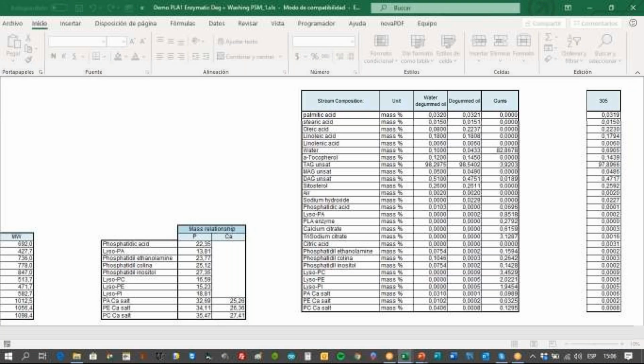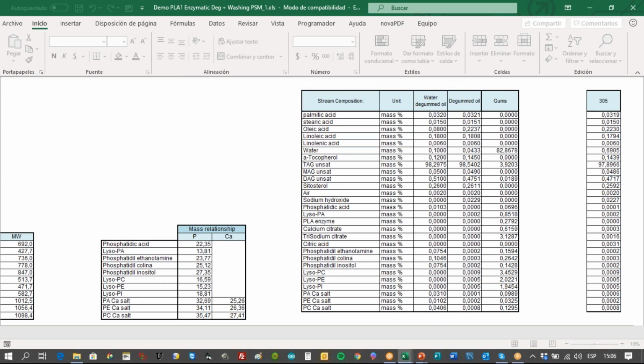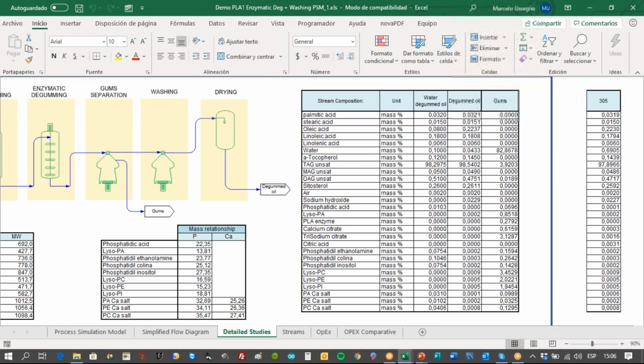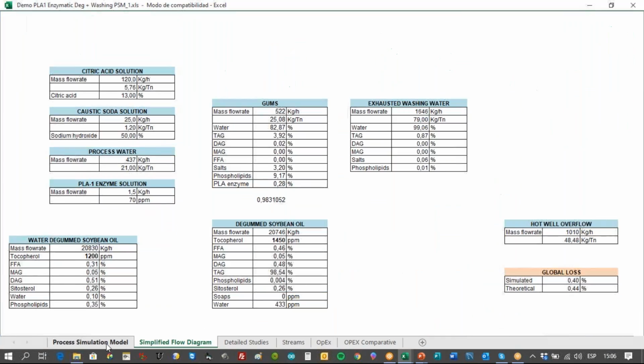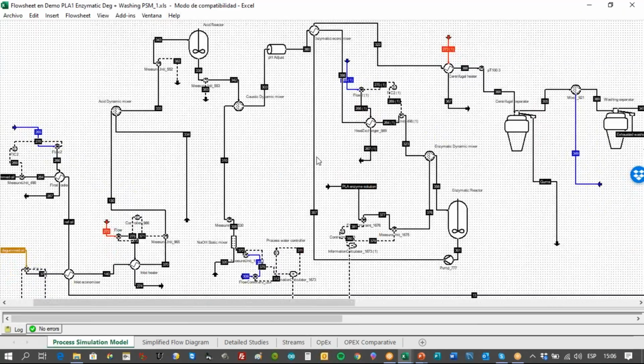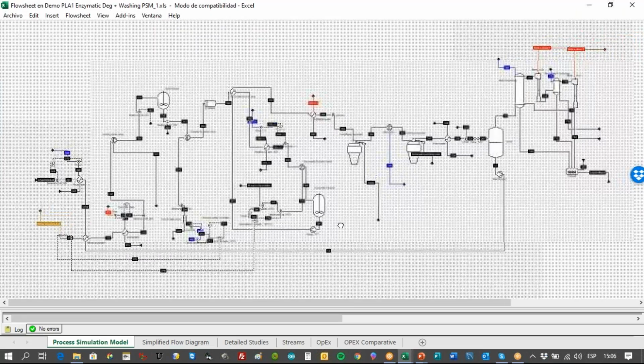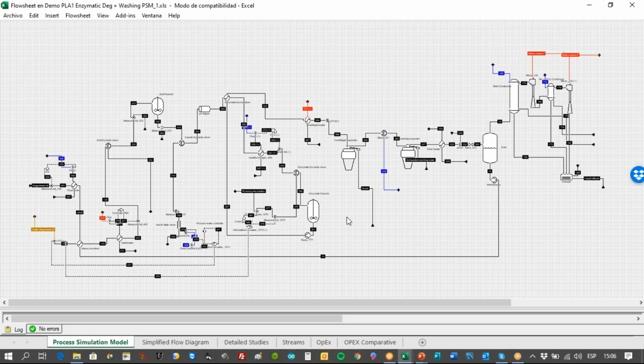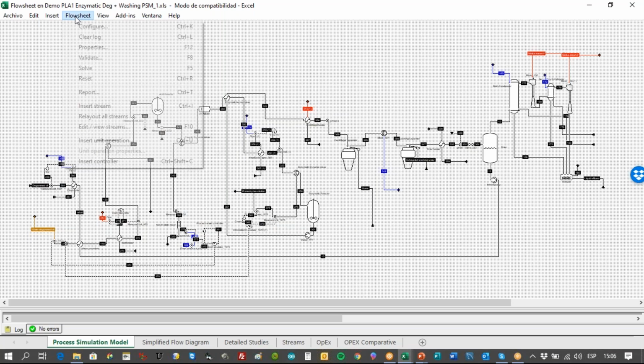As you see, this is an Excel sheet, and we have all the complexity of the simulation model within an Excel sheet. So this is the simulation model of the PLA assisted acid degumming that we saw in the former flow diagram, but now in this simulation model.